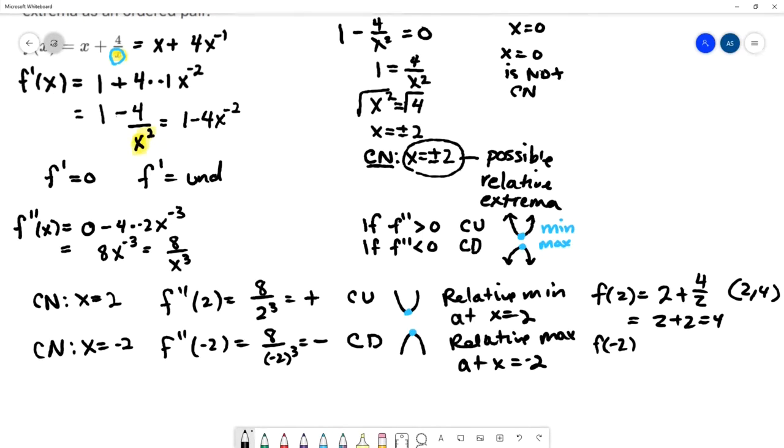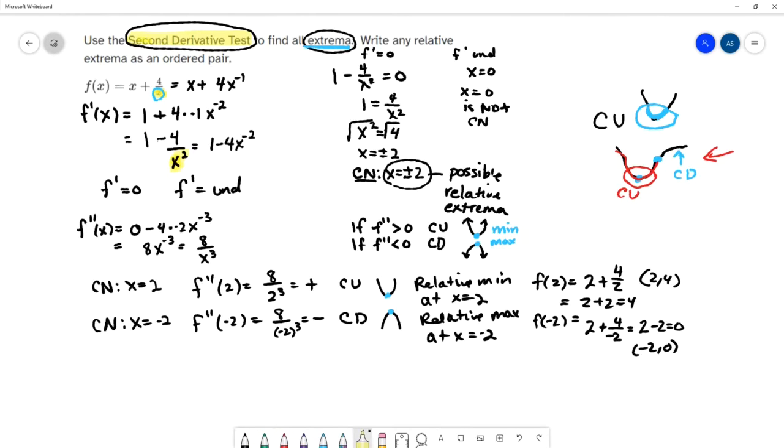I'll calculate f of negative 2. And that's 2 plus 4 over negative 2. That's 2 minus 2, and I get 0. So the ordered pair negative 2, 0 is going to be a relative max.